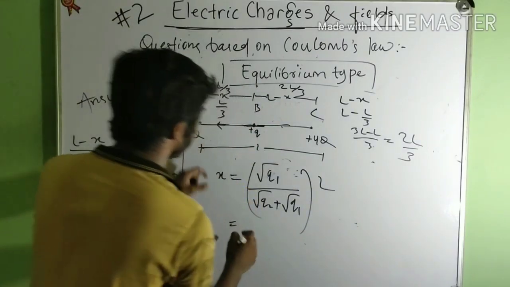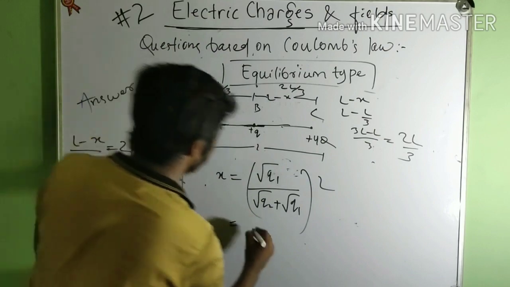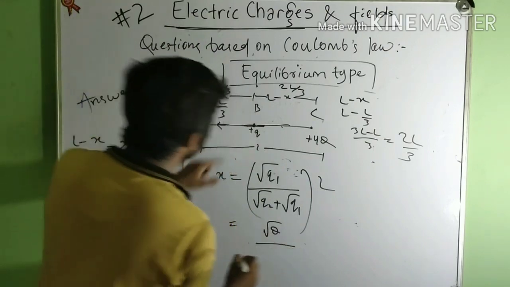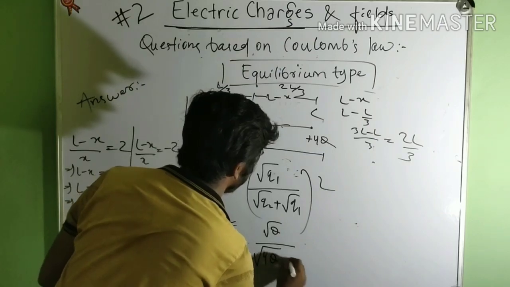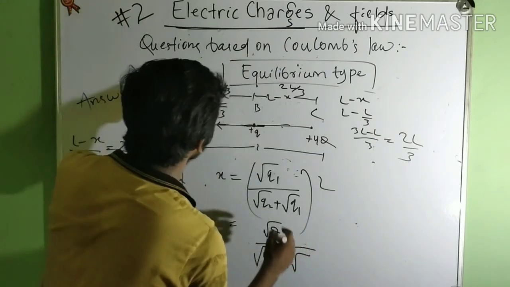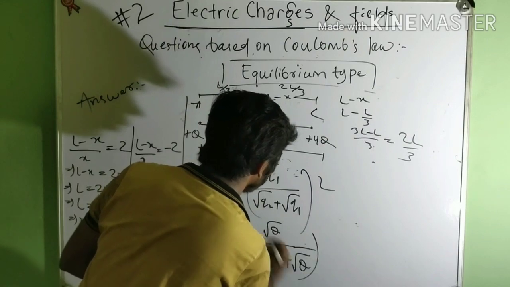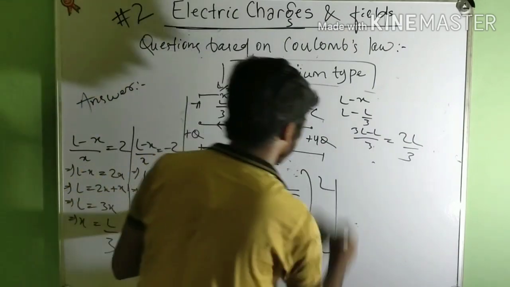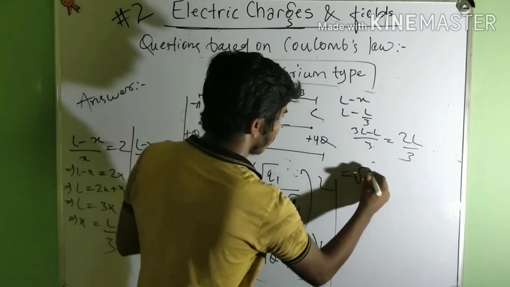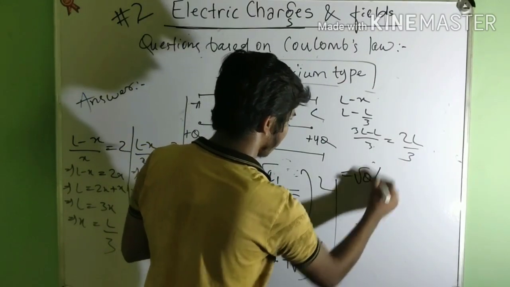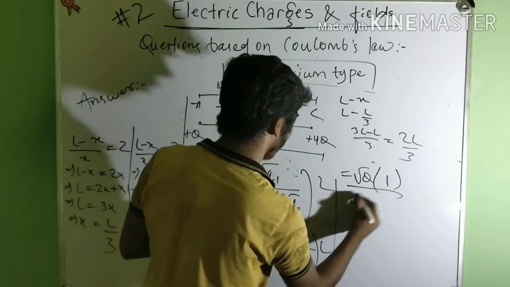Here q1 is q, root over of q1 by root over of q2 is root over q by root over 4q, plus root over of q1, whole into L. Root over q is common, 1 by root over q.